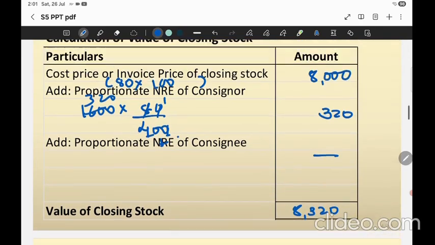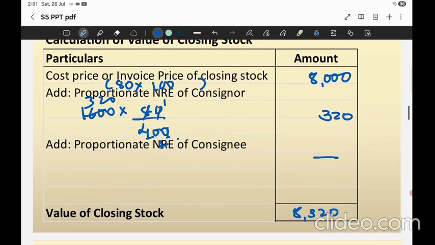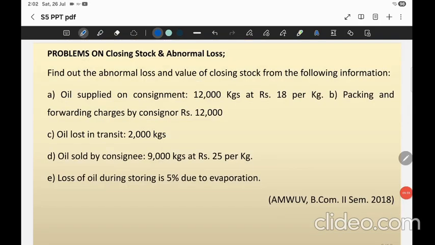Then we will see problems where both are given, closing stock as well as abnormal loss. Now, let's look at the problem in which we have both, that is closing stock and abnormal loss. Now find out the abnormal loss and value of closing stock from the following information. Oil supplied on consignment is 12,000 kgs and the cost is 18 per kg.